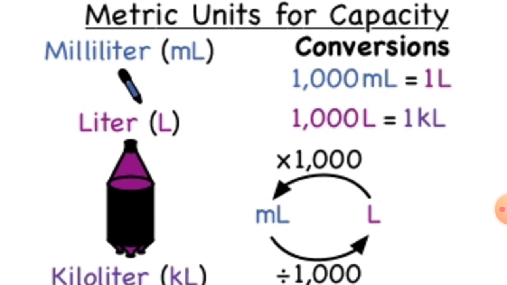Liter, L. And the bigger unit is called kiloliter. But we are concerned about milliliter and liter in this class. Conversions. 1,000 milliliters is equal to 1 liter. And just for your knowing, 1,000 liters is equal to 1 kiloliter.